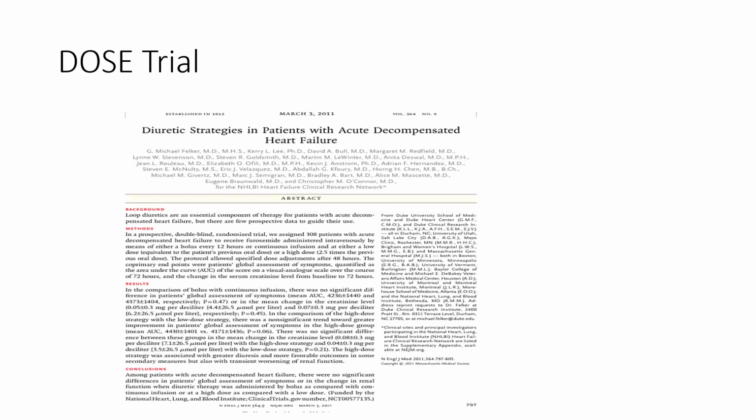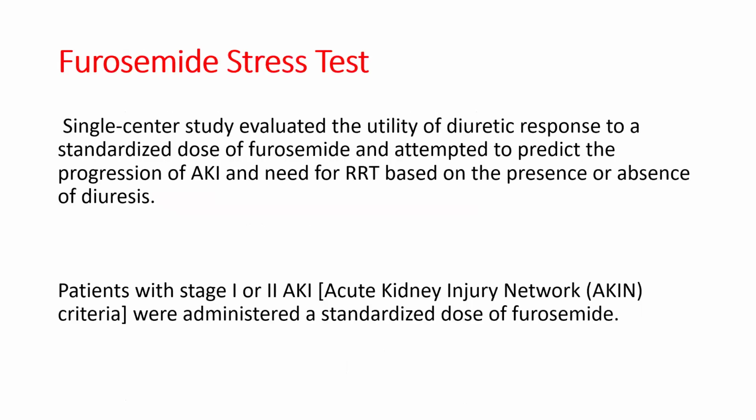So they compared continuous infusion versus bolus dose. The conclusion of this trial was that in acute decompensated heart failure, there were no significant differences in patients' global assessment of symptoms or in change of renal function when diuretic therapy was administered by bolus or continuous infusion. Now the next is the furosemide stress test.